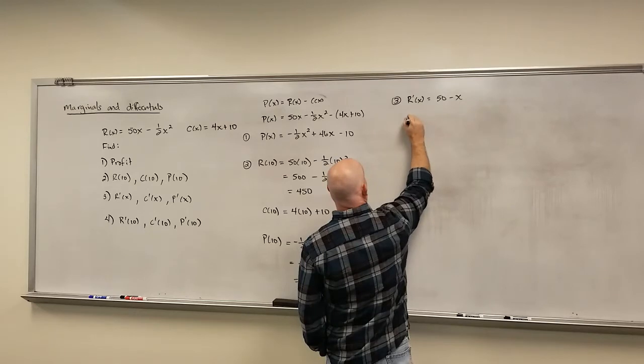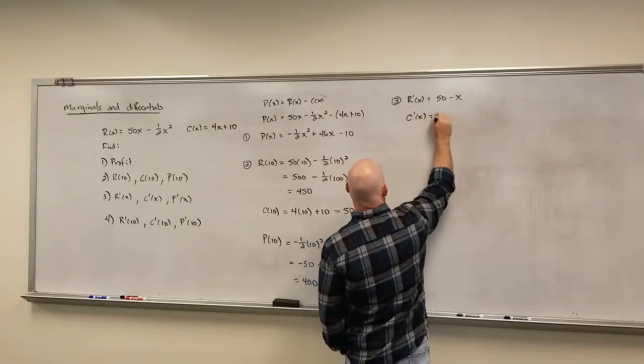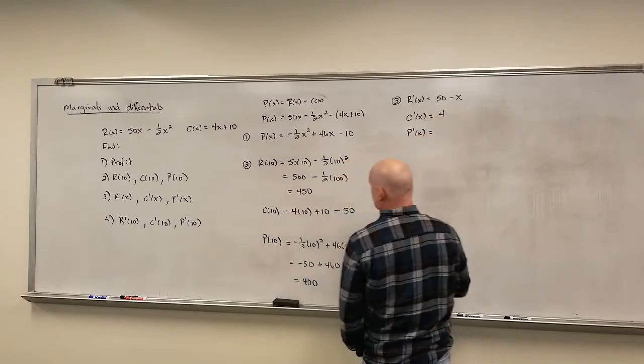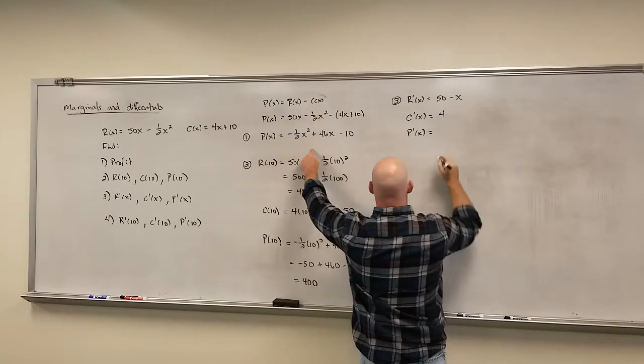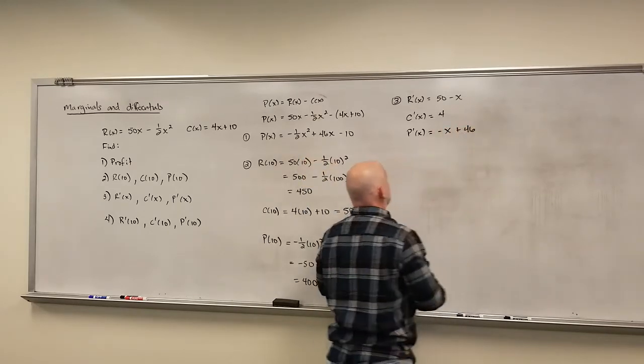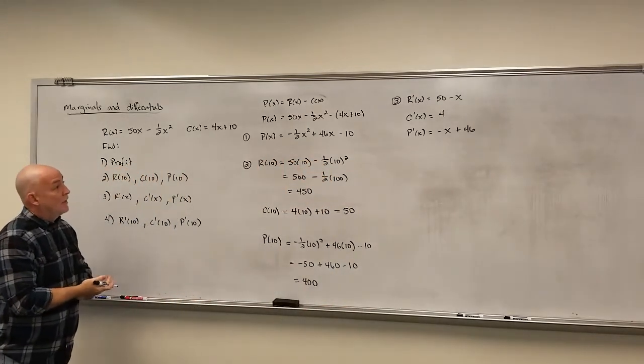What was next? C prime of X is going to be the derivative of our cost function, that's just 4, and P prime of X, here's our profit function, that's negative X plus 46. Okay, those should be pretty easy derivatives for us by now.